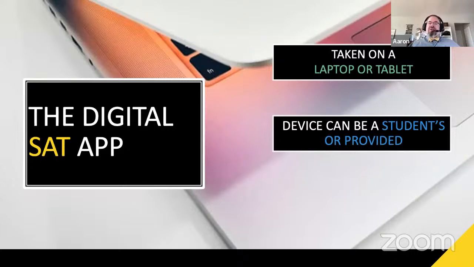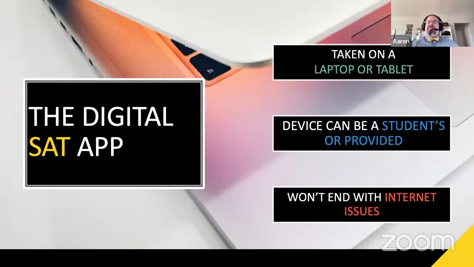The software is going to be a secure software, so you will not be able to have the SAT open in one tab and Google open in another tab, of course. But they are trying to be basically as flexible as possible to give as many opportunities as possible for students to take the SAT.